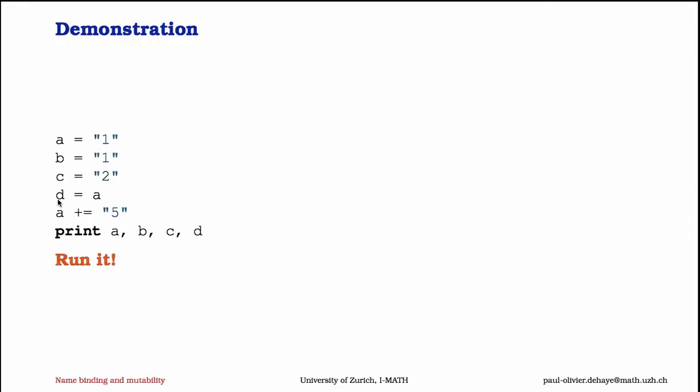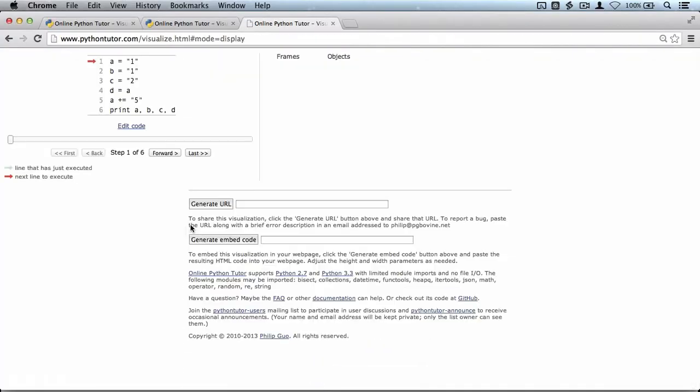Here is the next example. Now I take strings: the string 1, the string 1, the string 2, and I add the string 5. Adding for strings means concatenating, adding them one after the other, so joining them if you want. Let's run this code and see what happens.